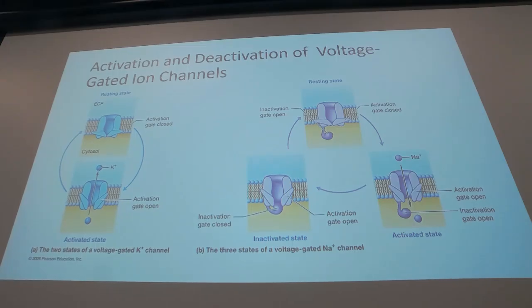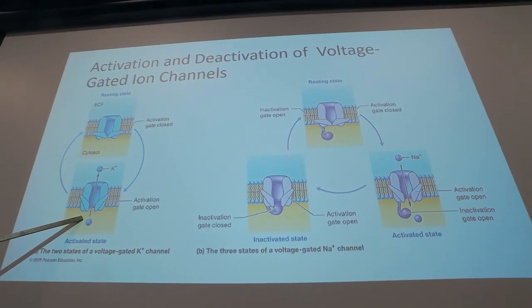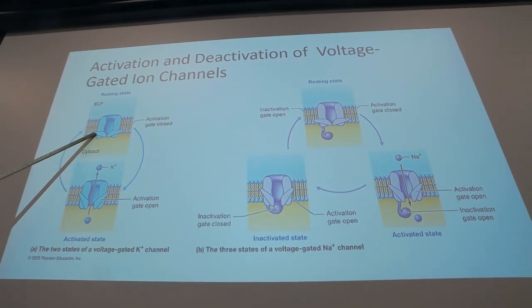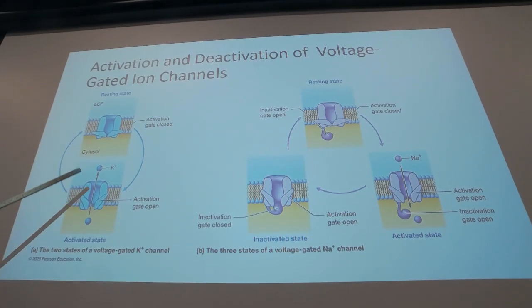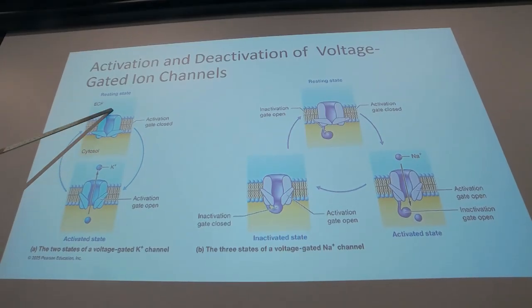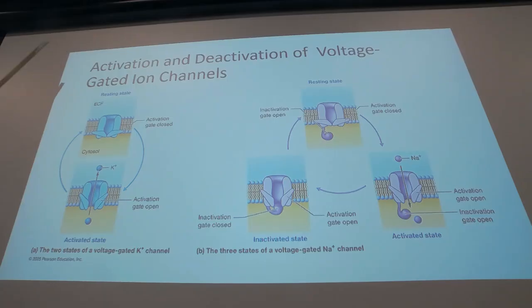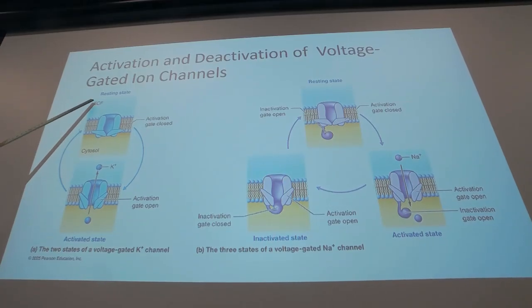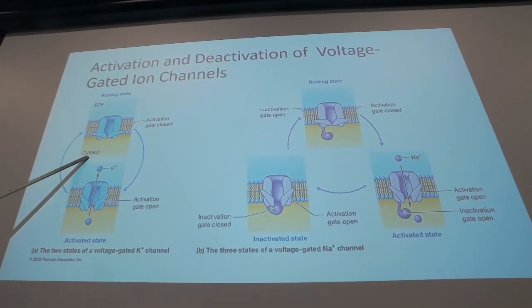So here is activation and deactivation of voltage-gated ion channels. This is the resting state above and the activated state below. So here we have this activation gate closed and then the activation gate open. When it's closed, there is no flow of ions between the extracellular fluid and the cytosol.